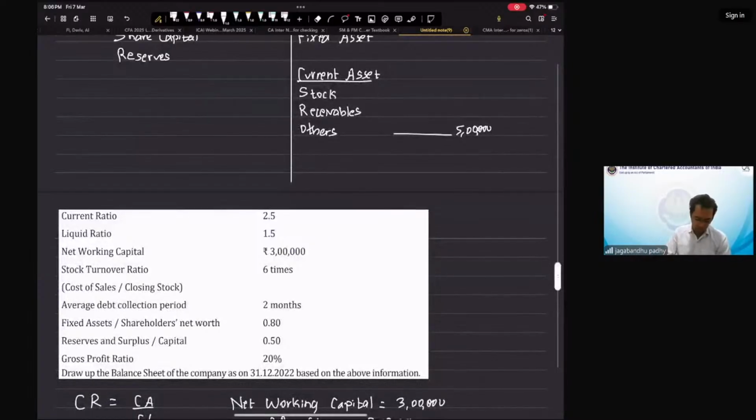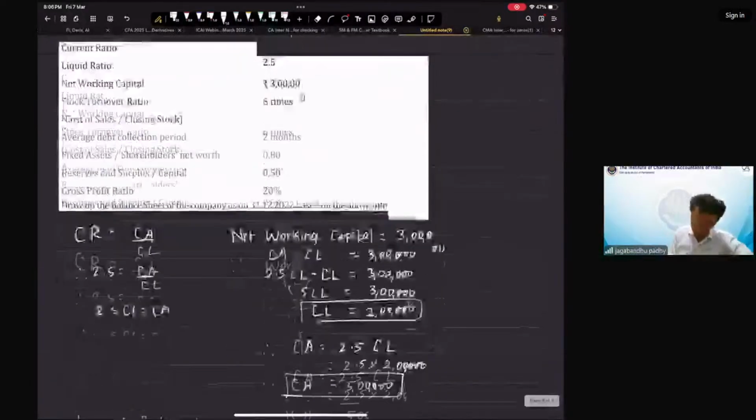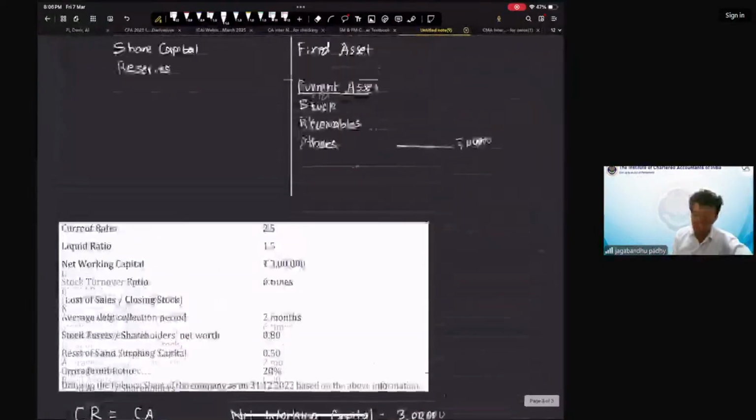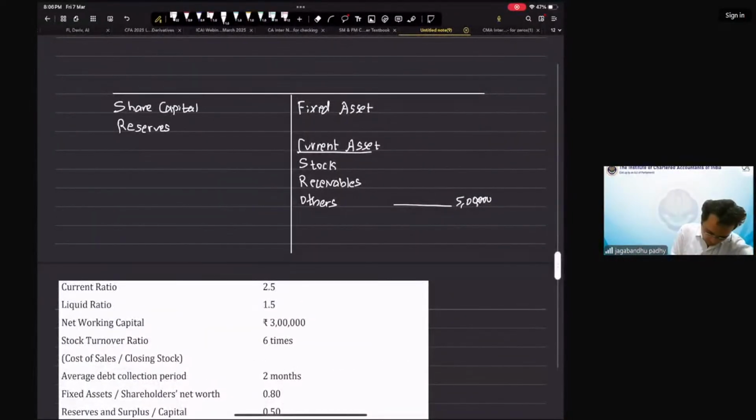For current liability, no such bifurcation is given to us, so we can simply say it has one line item, which is current liabilities.